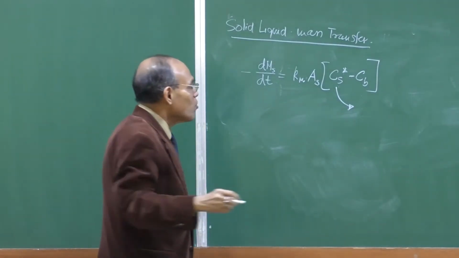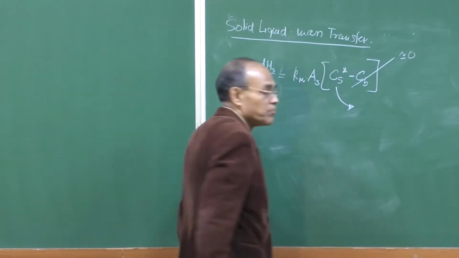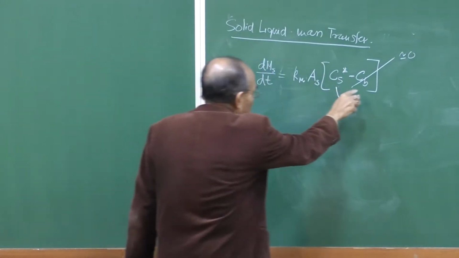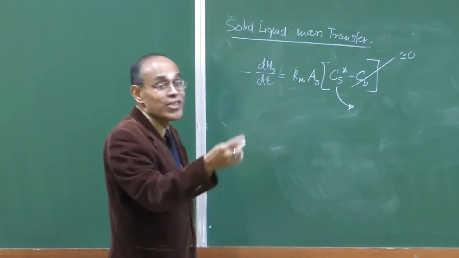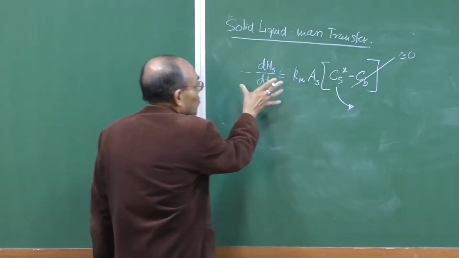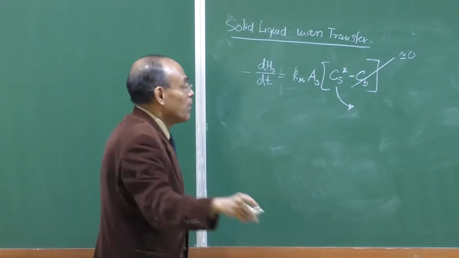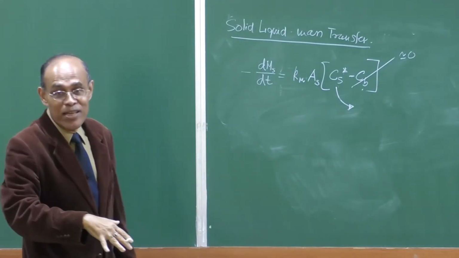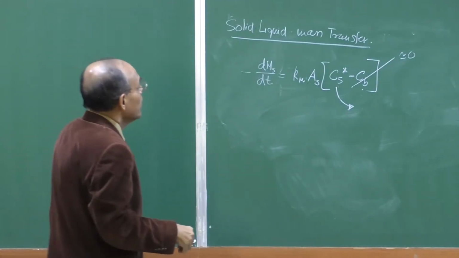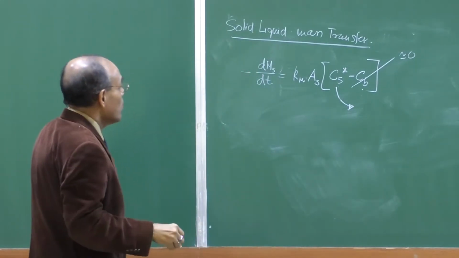So, as a first approximation, we can consider this to be equal to 0. If it is not 0, in that case you will have to consider an additional equation, because you have only one equation and you can only get one unknown. But if you also treat this Cb to be unknown, a second equation needs to be brought in, where from you can solve two equations to get the values of the two unknowns.